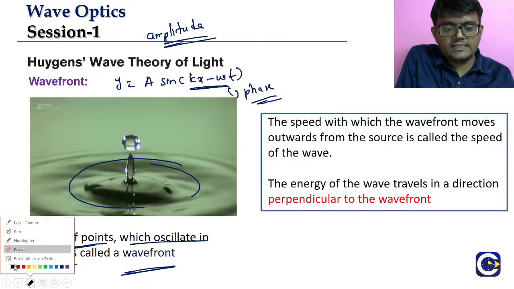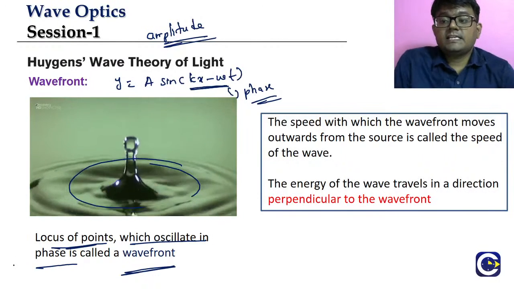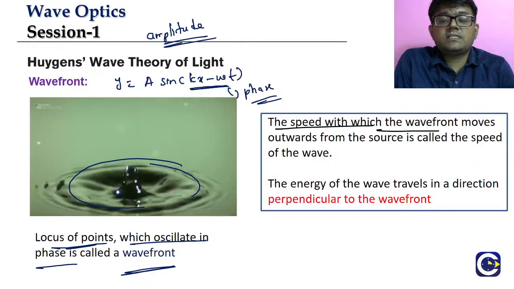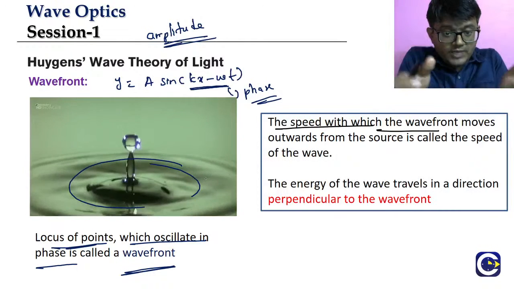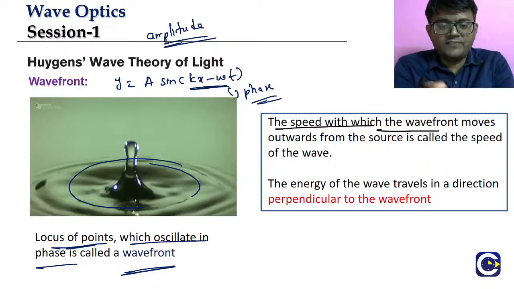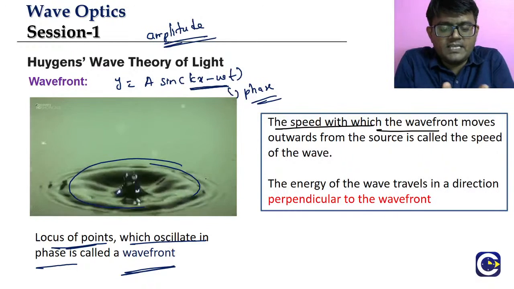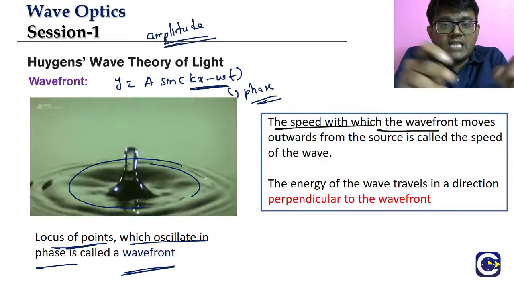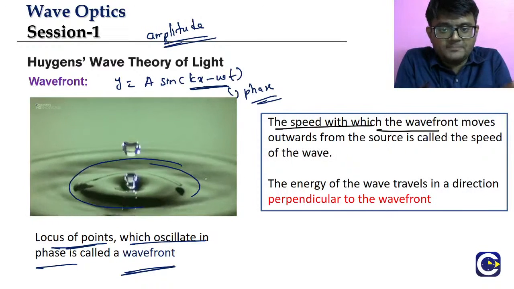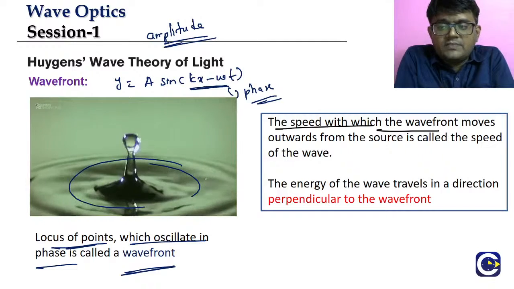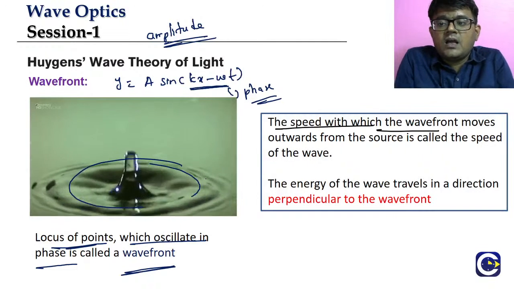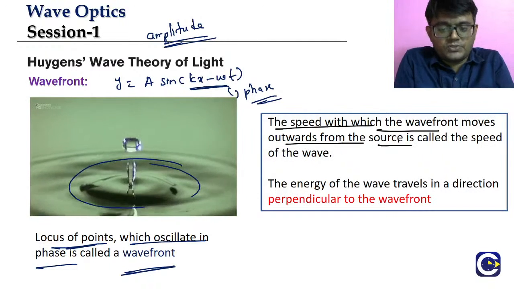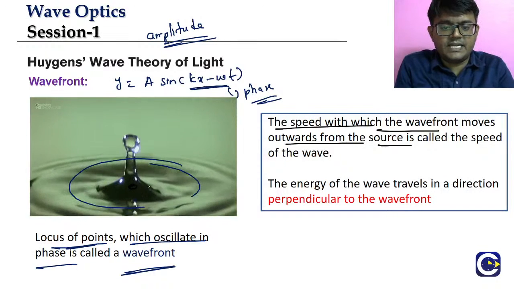So look at this: the speed with which the wavefront is moving. Once you identify a wavefront, say the locus of all the points having the upward bump, let us take it as a wavefront. Then consider the speed with which it moves outwards from the source, where we create the disturbance.